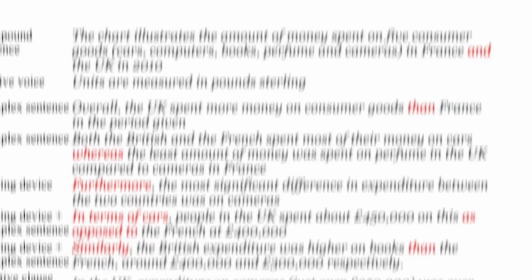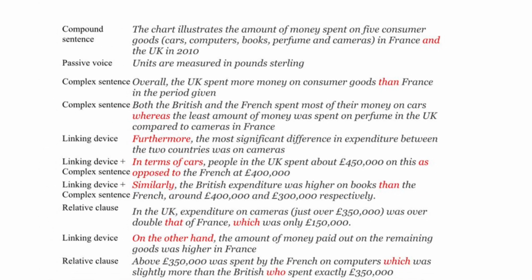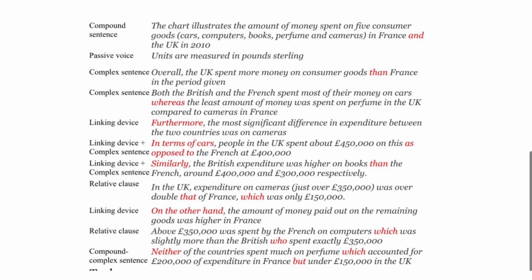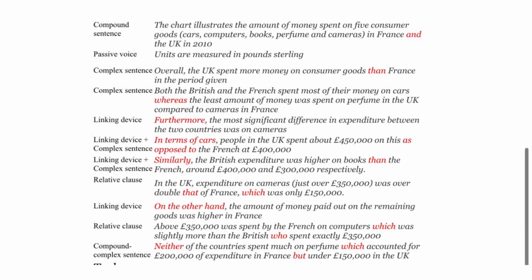Okay, so quickly moving forward, the compound sentence. The task has been started by using a compound sentence. That is, the chart illustrates the amount of money spent on 5 consumer goods: cars, computers, books, perfume, camera in France and in UK in 2010. Right?